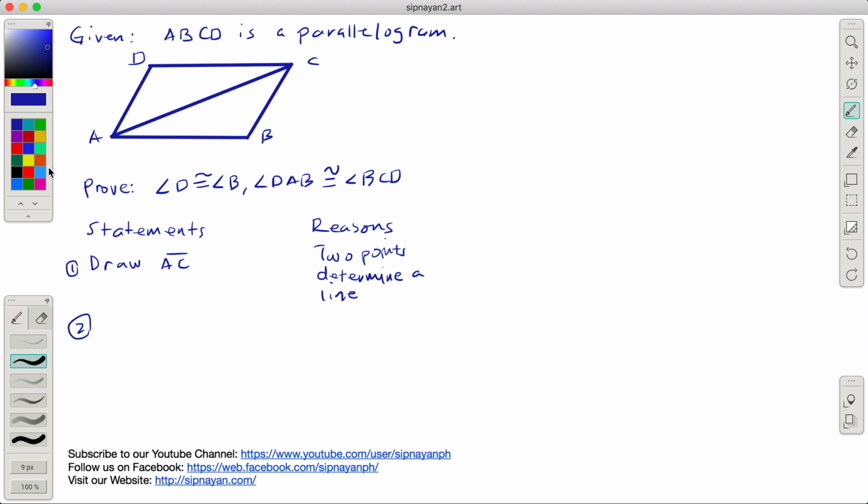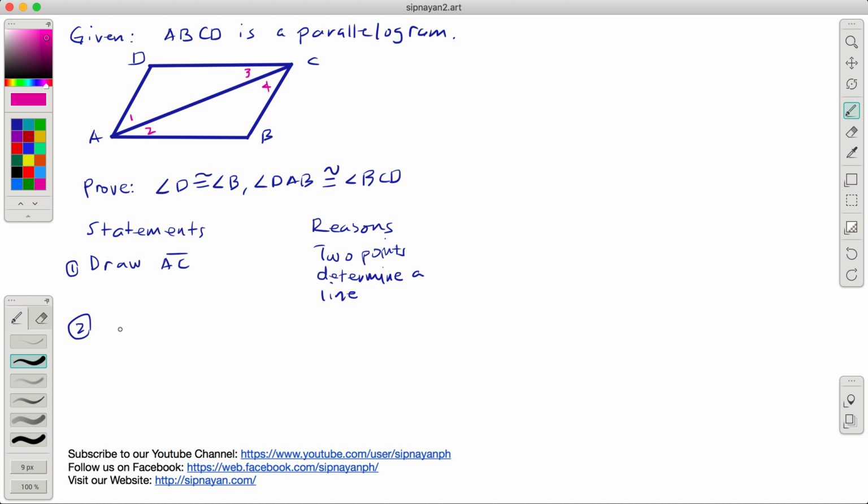Pangalawa, para ma-identify natin yung mga angles, lagyan natin ng pangalan. We have 1, 2, 3, tsaka 4. Alam natin that AD is parallel to BC. And AB is parallel to CD.